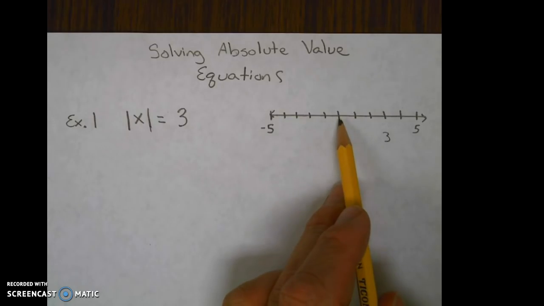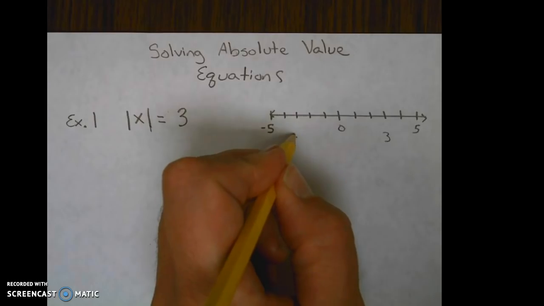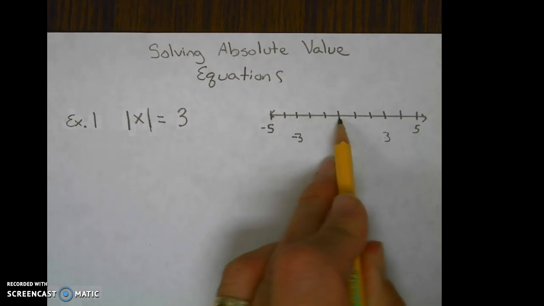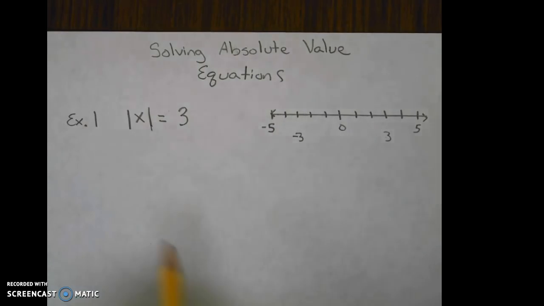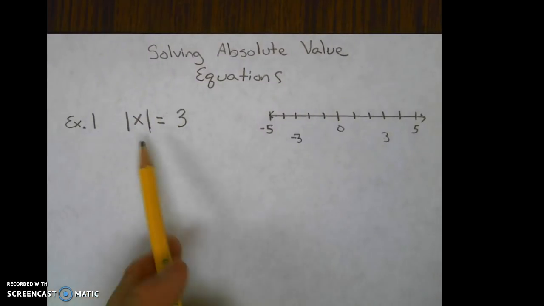Yes, we could go to the left, 1, 2, 3. And negative 3 is also 3 units from 0. Remember that the distance a number is from 0 is what absolute value is.